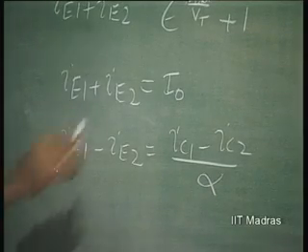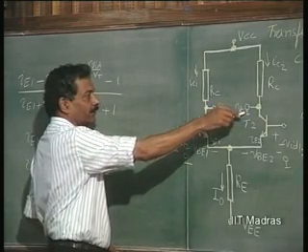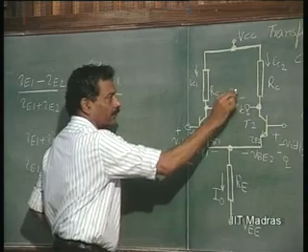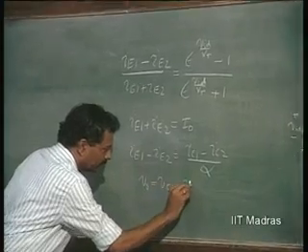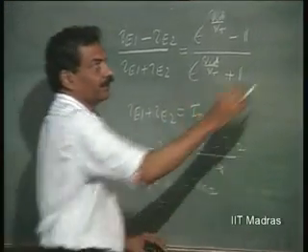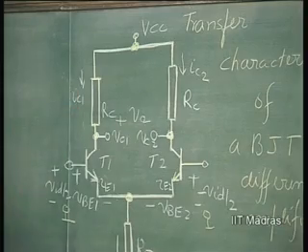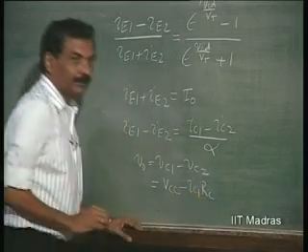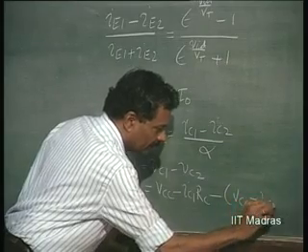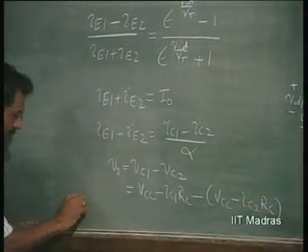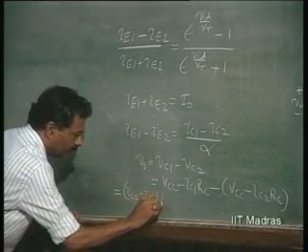And look at this: Vc1 minus Vc2 is V naught, and V naught is equal to Vc1 minus Vc2, and Vc1 is equal to Vcc minus Ic1 Rc and Vc2 is equal to again Vcc minus Ic2 Rc, which will tell us that this is equal to Ic2 minus Ic1 into Rc.